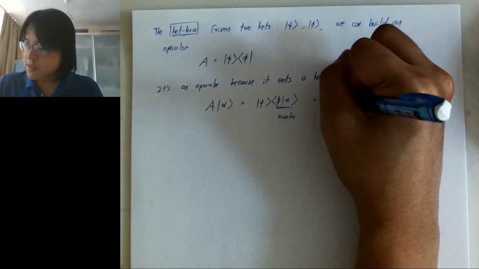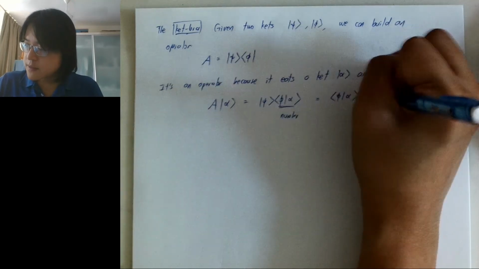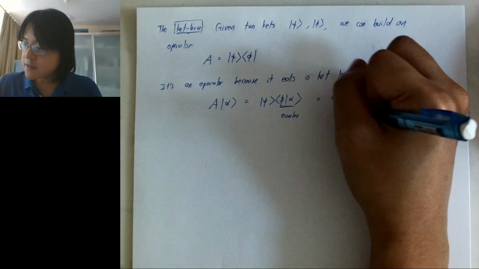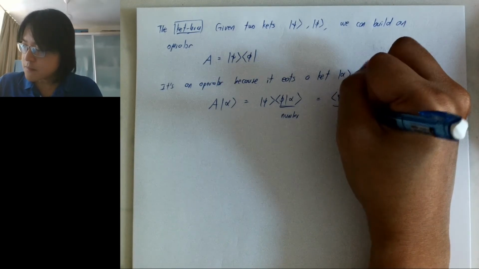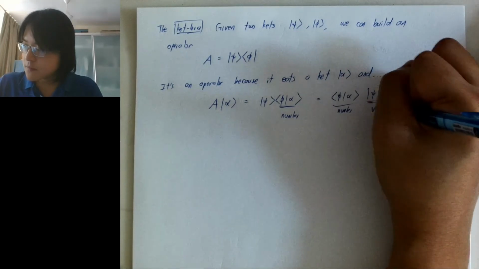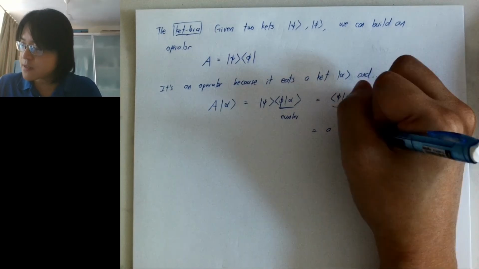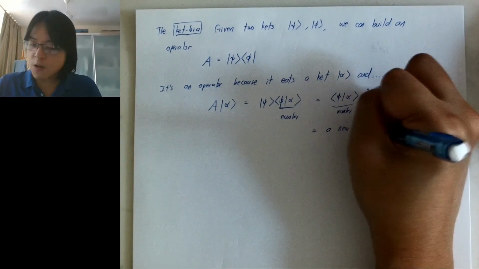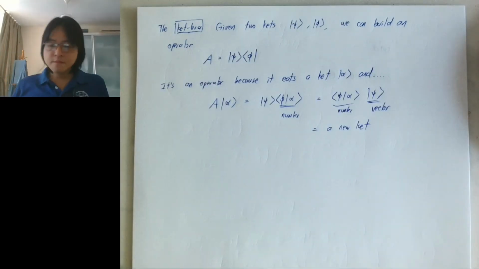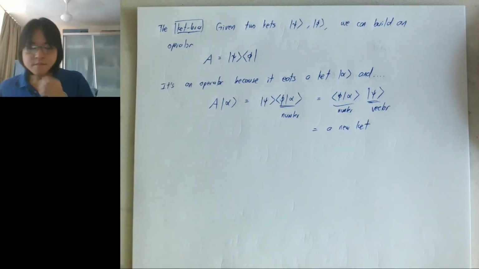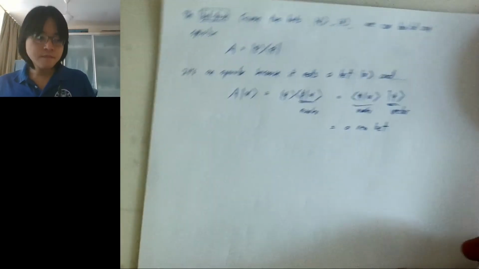So it's just a number times a vector. It spits out a new ket. So it's an operator. Okay.